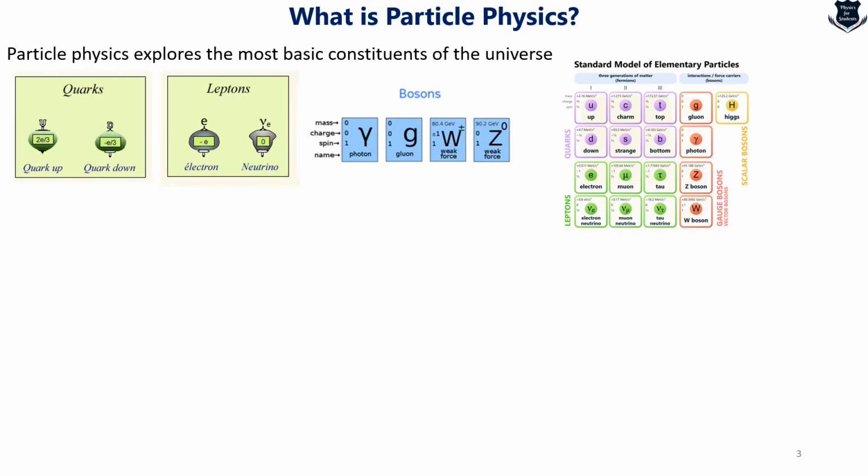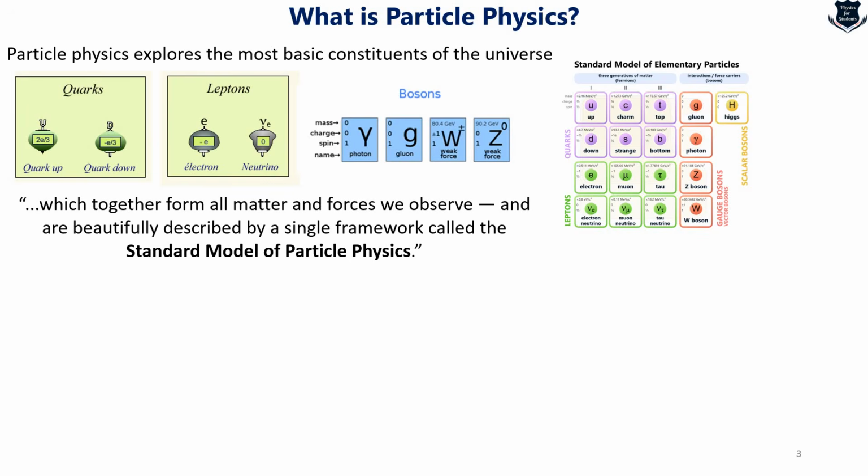It is the science of uncovering what everything is made of, and this is written in what is called the Standard Model, the theory that best describes the subatomic world.